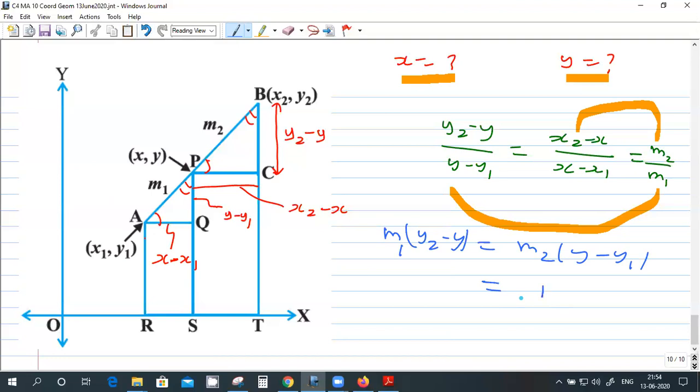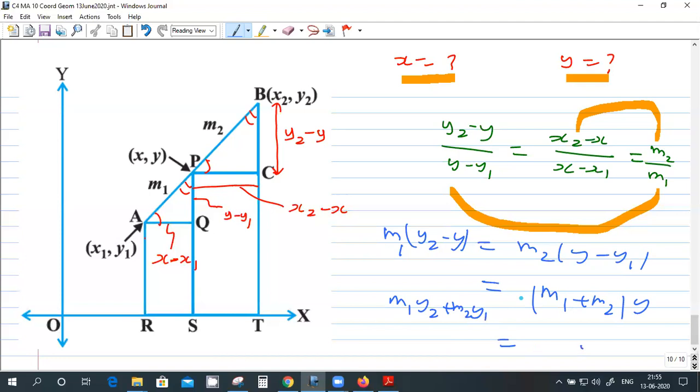So it is m1 plus m2 into y, so there will be m1 y2 plus m2 y1.